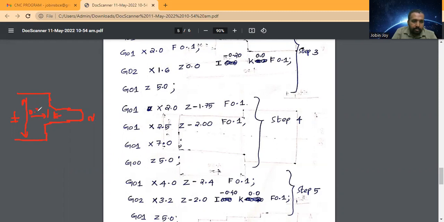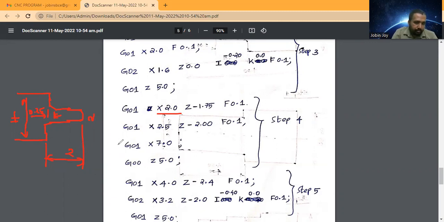So I will position the tool at X2, and what about this distance? This total distance is 2.